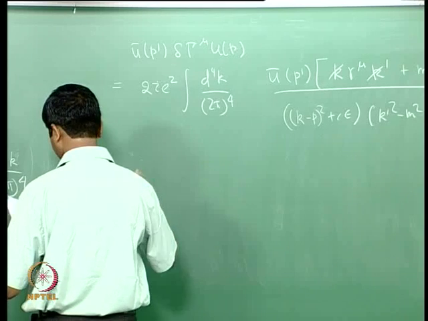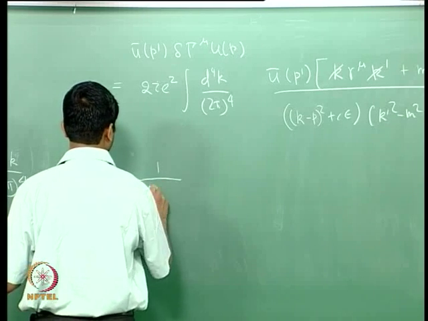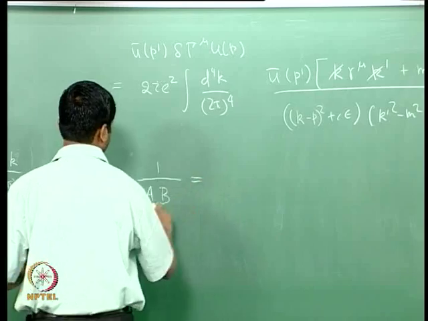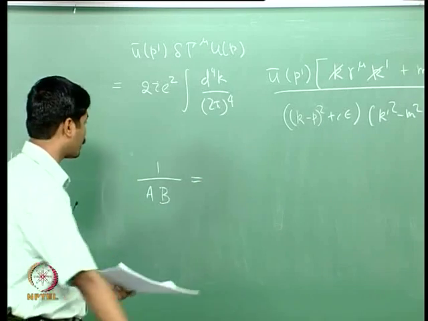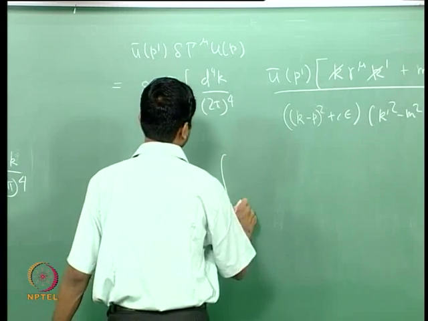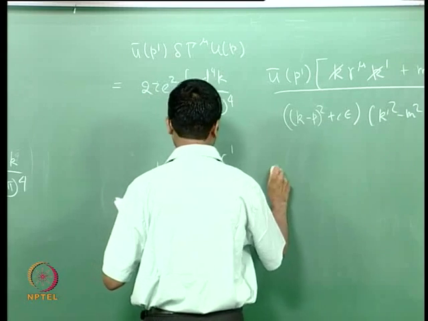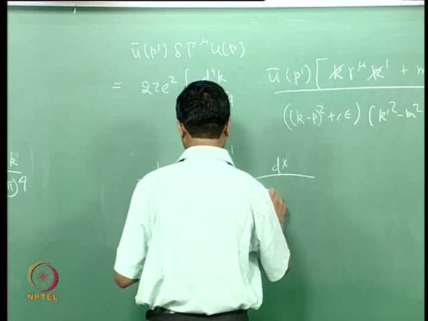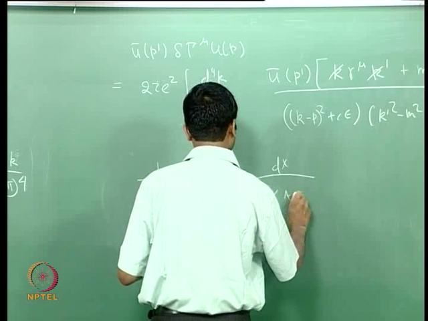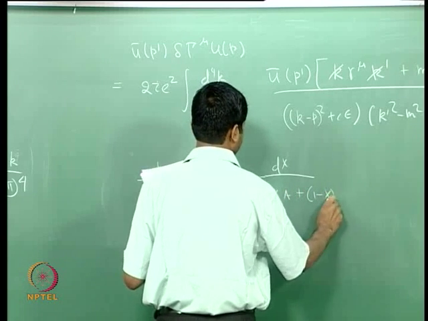So you notice that if you have some quantity 1 over a b, then you can express it as the integration 0 to 1 dx divided by x a plus 1 minus x b, whole square.